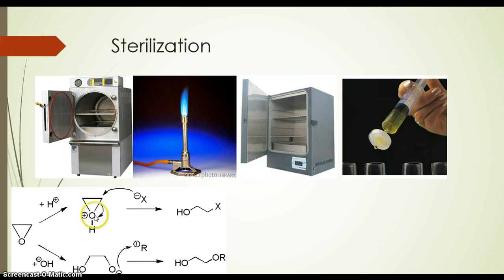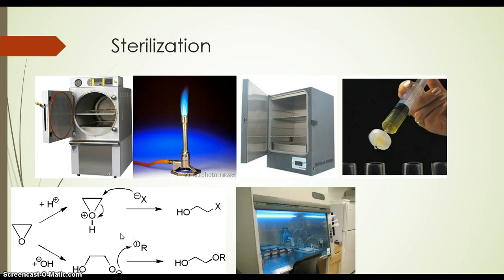What this means is that ethylene oxide is very reactive, and because of its reactivity, it kills a lot of bacteria that way. This allows for sterilizing heat-sensitive stuff, like the plastic petri dishes, the plastic broth cultures, and the plastic syringes. Anything that's plastic a lot of the time gets ethylene oxide gas.